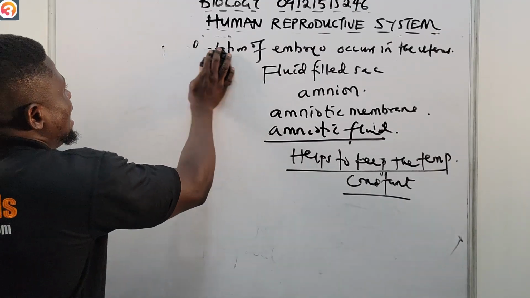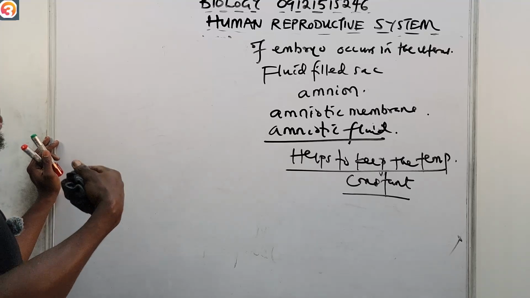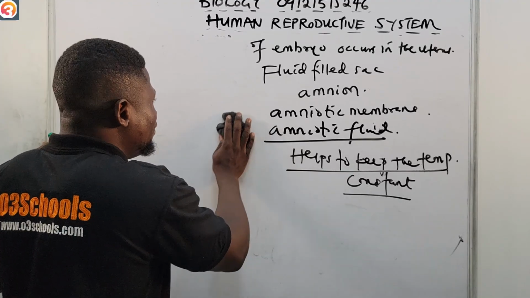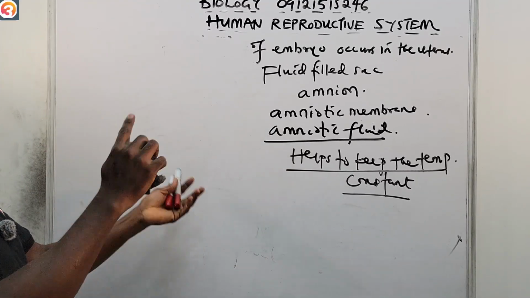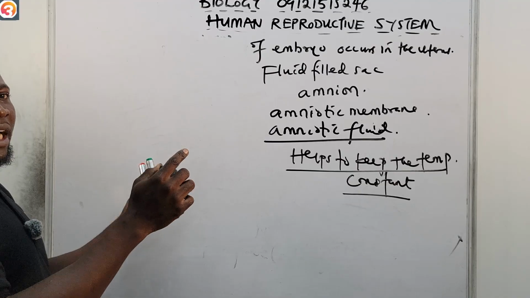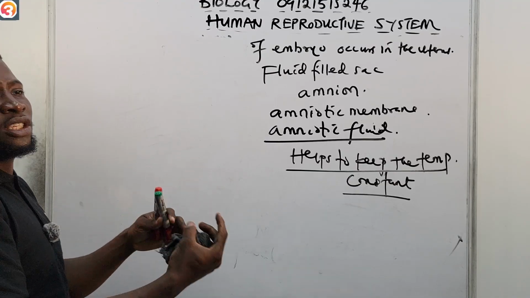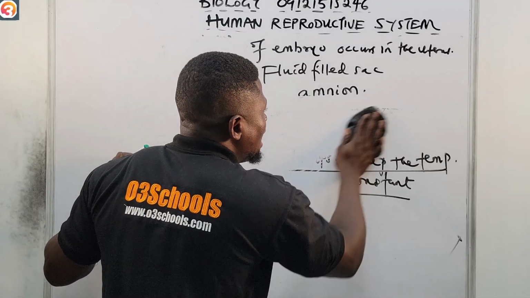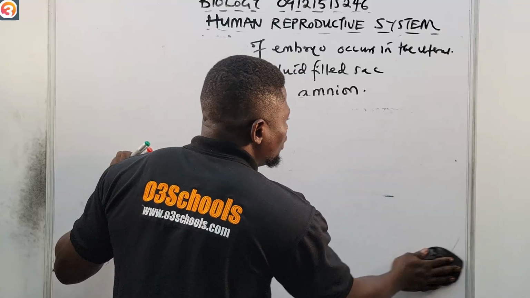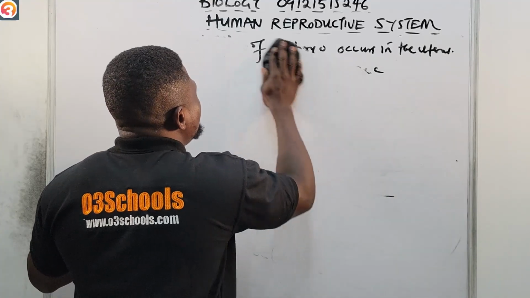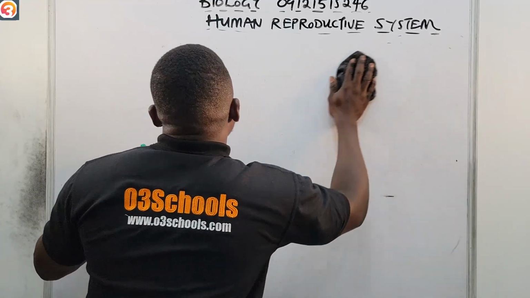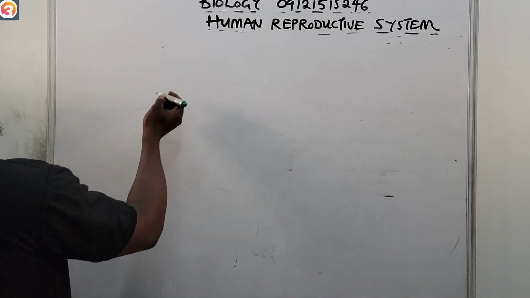Now the placenta. We said the placenta helps to nourish the baby. It is a link between the mother and the child, and helps to supply nourishment to the baby. So when the mother is eating, all of those nutrients are transported to the baby through the placenta. So the placenta is a temporary organ.